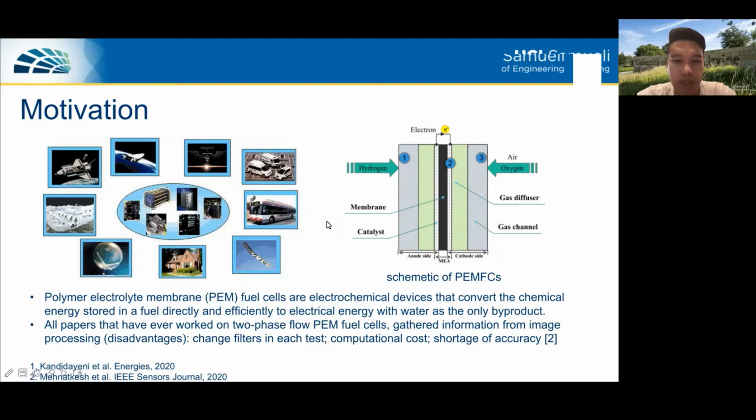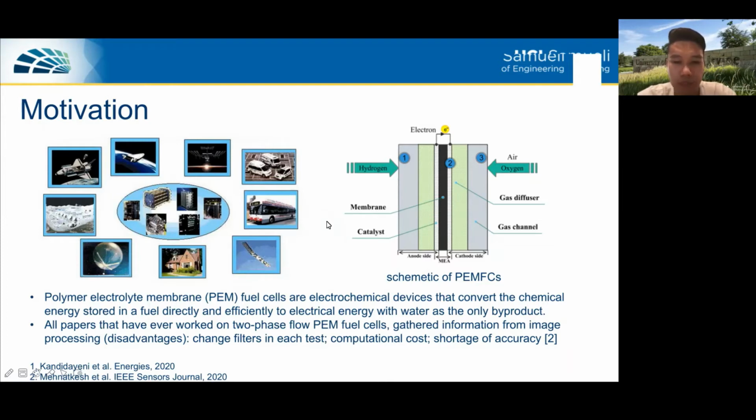Hydrogen fuel is injected into the anode gas flow channel, which is GFC, and diffuses across the GDL and MPL for the hydrogen oxidation reaction in the anode catalyst layer. Meanwhile, the ambient oxygen is fed on the other side of the cell for the oxygen reduction reaction in the cathode side catalyst layer.